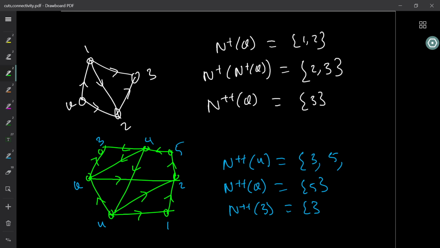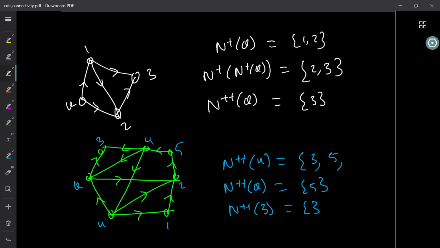And yeah, more examples here. So in the first graph, N plus of V is 1, 2. It's 1 and 2 that are out neighbors. Now, if you look at the out neighbors of the out neighbors, of course it will contain 2 and 3. But if you look at N plus plus of V, where we are looking at the distance 2 neighbors, then it contains only 3.